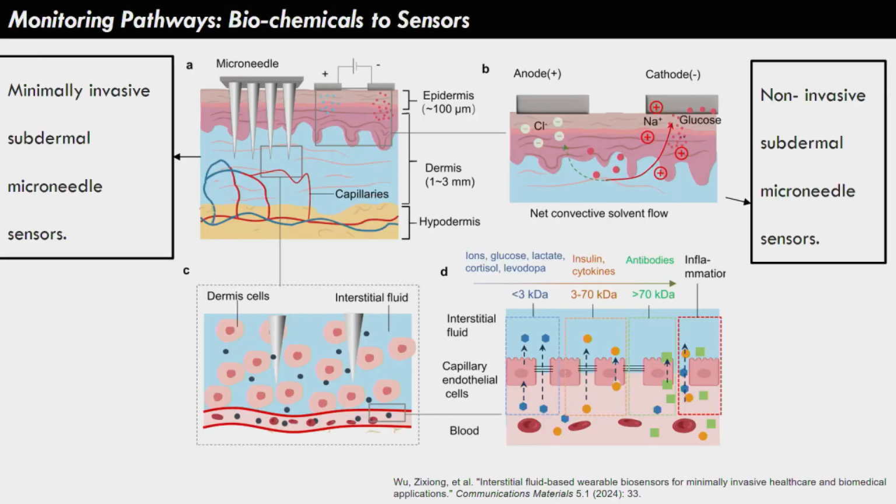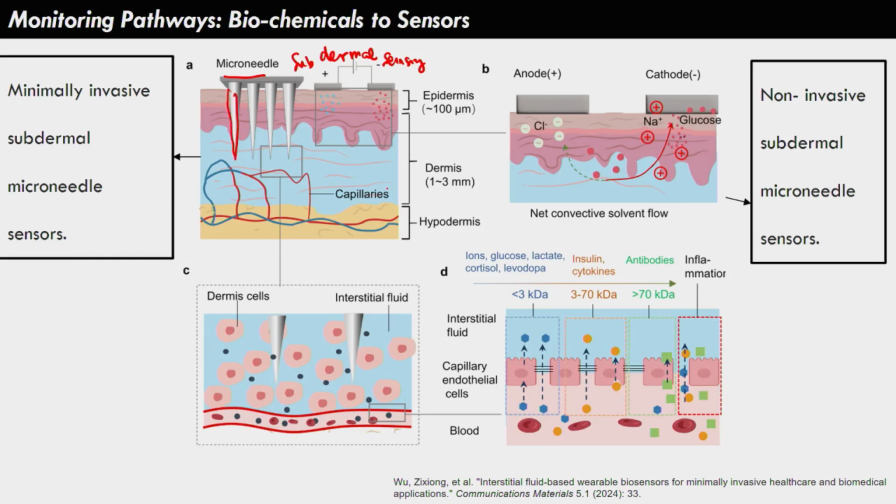Moving on, this is the epidermal sensing that Sanjeev sir previously explained. This is microneedle based sensing. These are subdermal sensors, and you can see the needle goes up to the dermis at max.